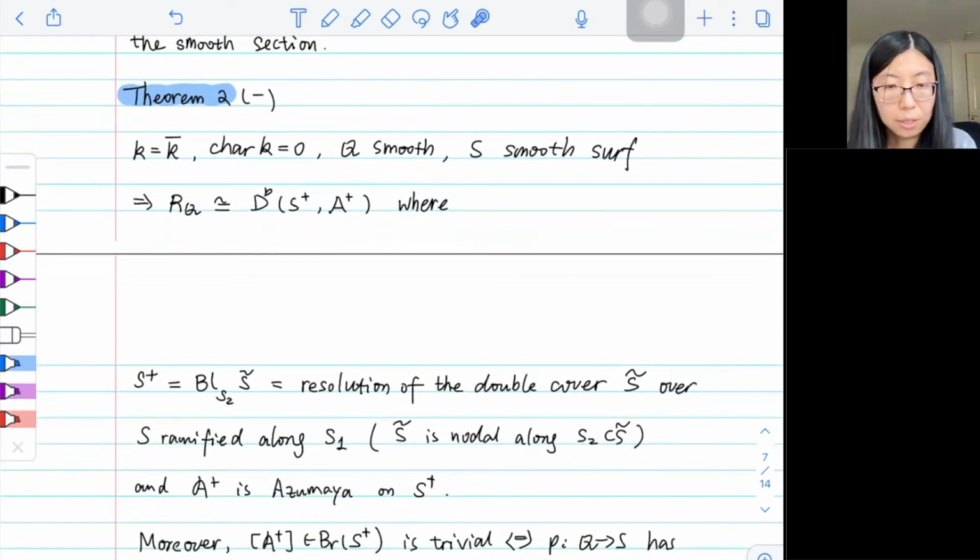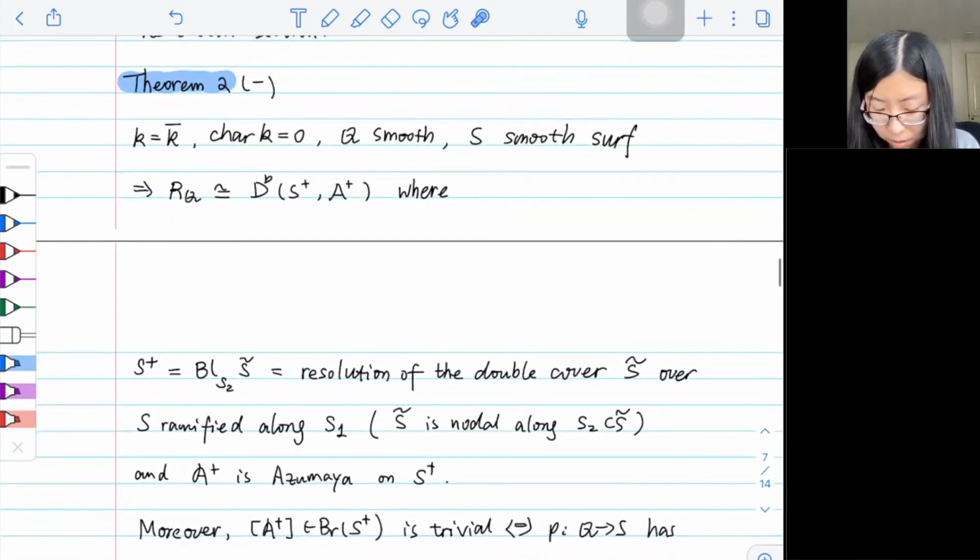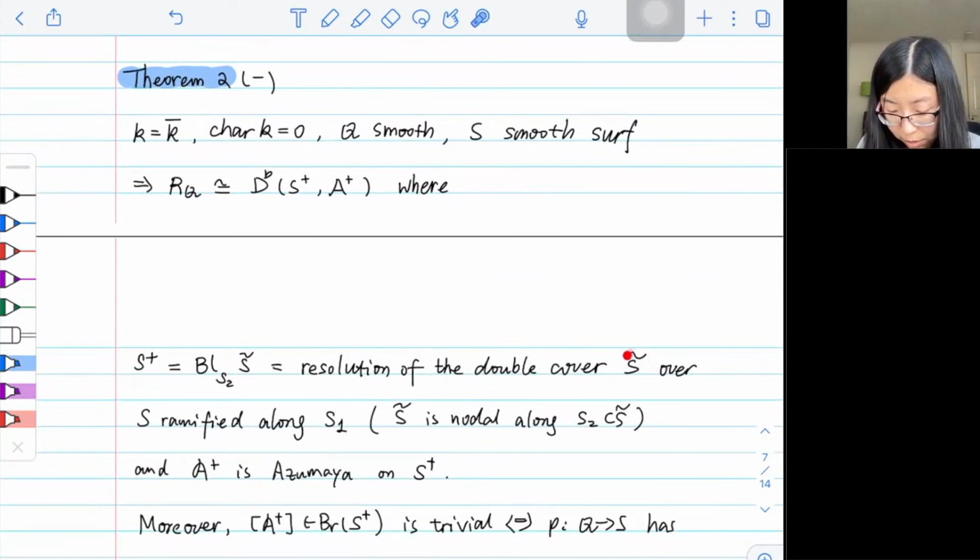Here S plus is something constructed out of the double cover. This is S tilde, as we mentioned before, a double cover over S ramified along S1, which, since S is a smooth surface, would be a curve. The curve could be singular; it could have nodal singularities, and the singular locus is actually given by S2.